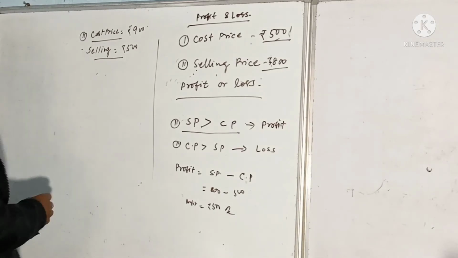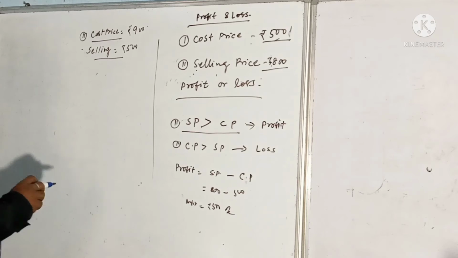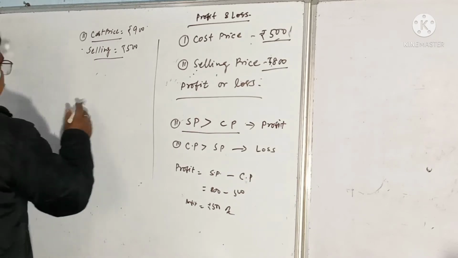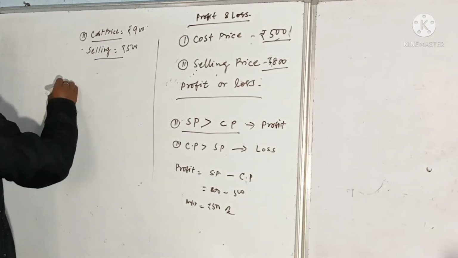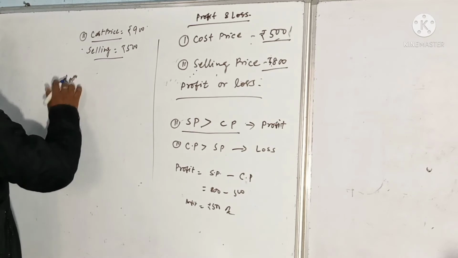The bigger is cost price and the smaller is selling price. Then there is loss.